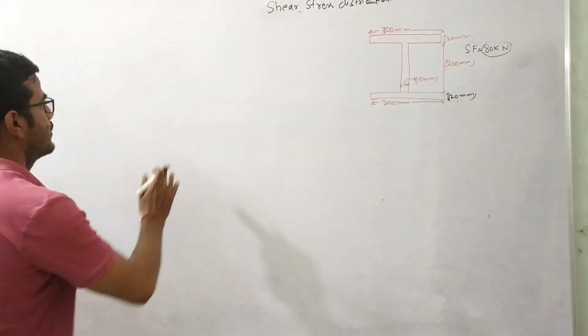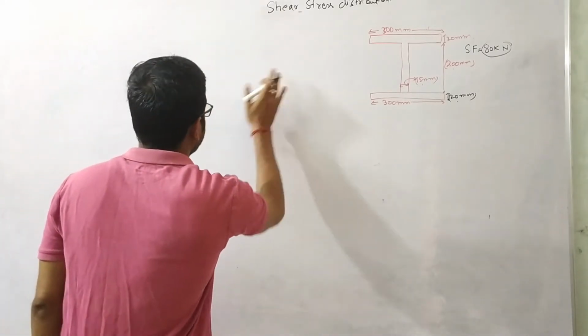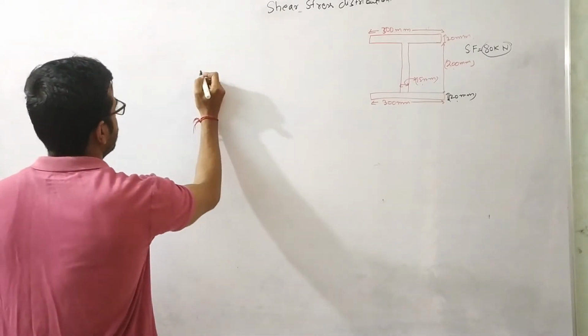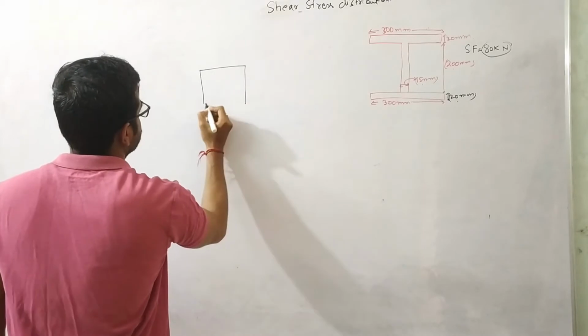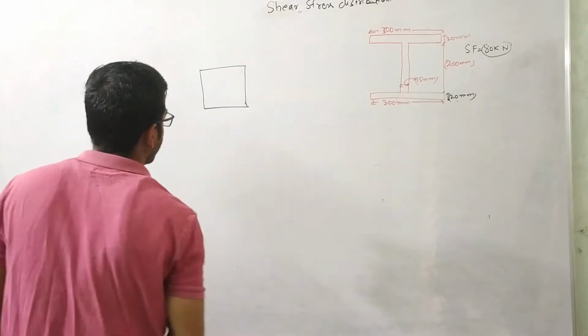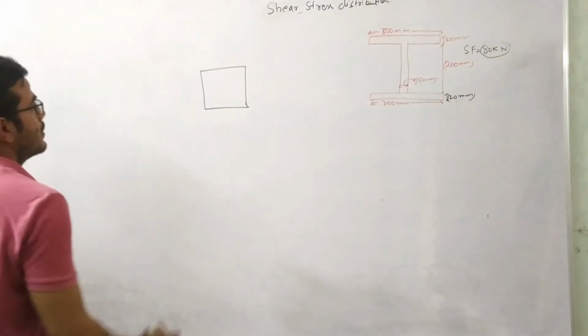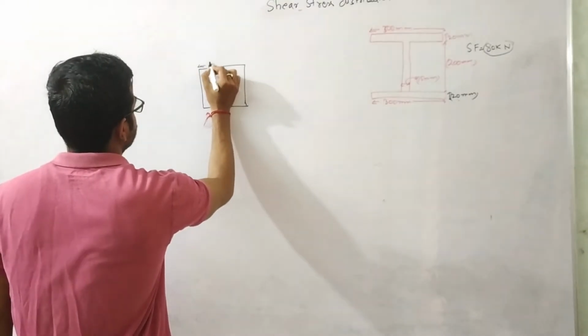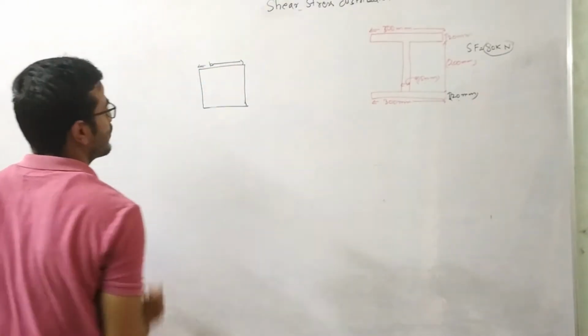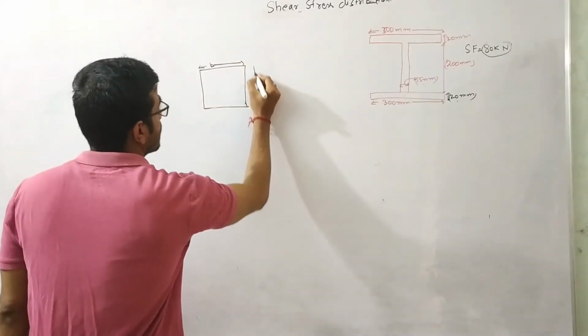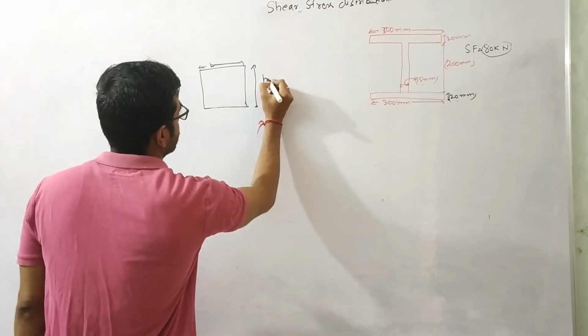In this lecture, I'm discussing the simple cross section, which is the rectangular cross section. The cross section dimensions are these: B is the width of the cross section, and H is the total depth.